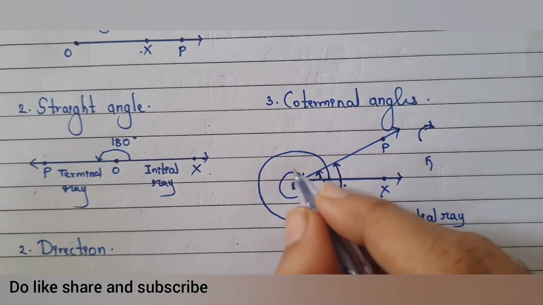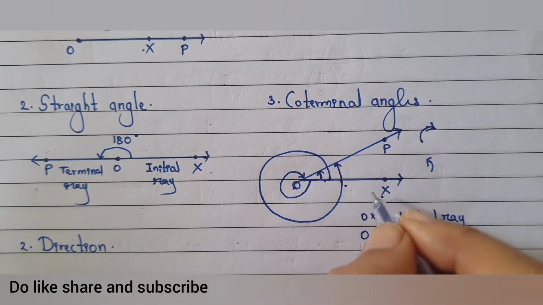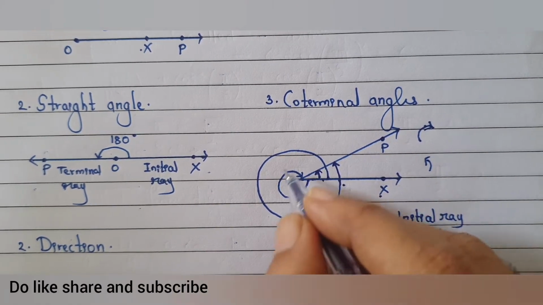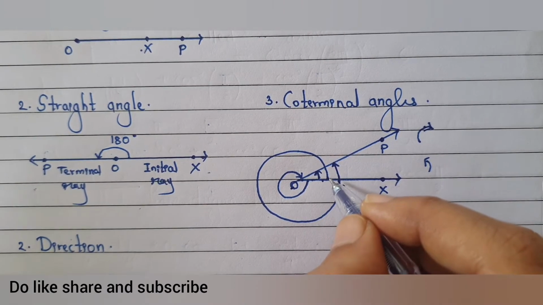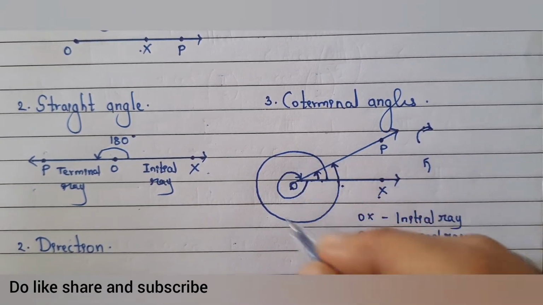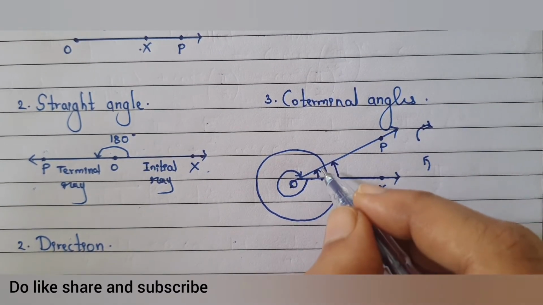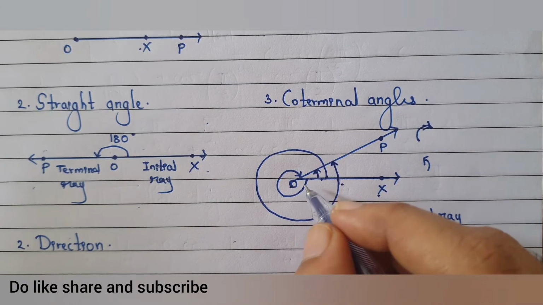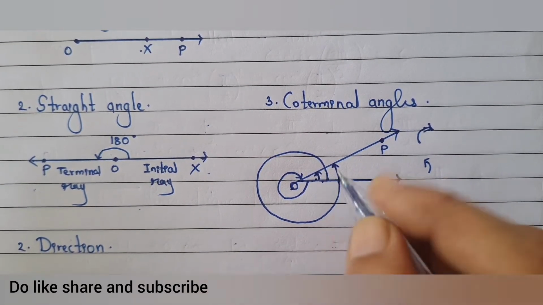When it is rotated in clockwise direction, the initial ray can also meet this terminal ray, and if this OX is rotated 360 degree and then again rotated at this angle, then also the position will be same as that of first angle.